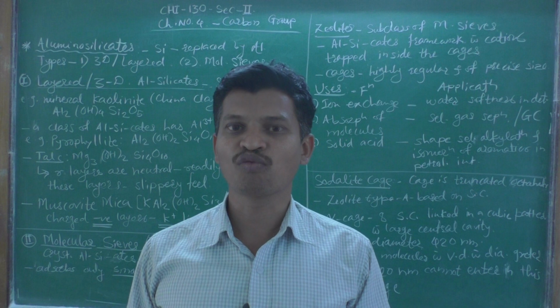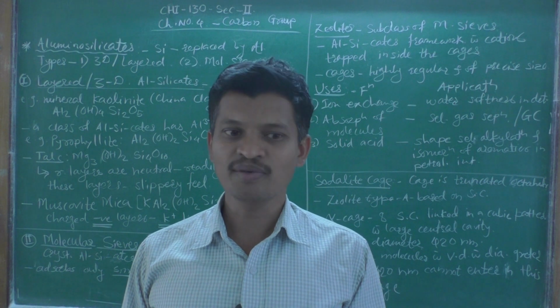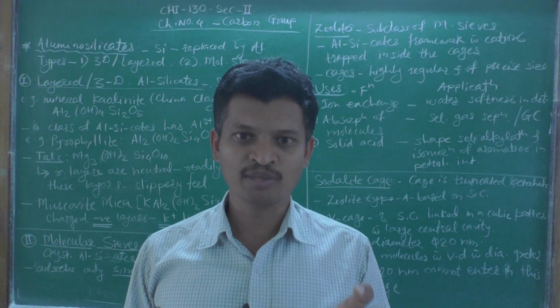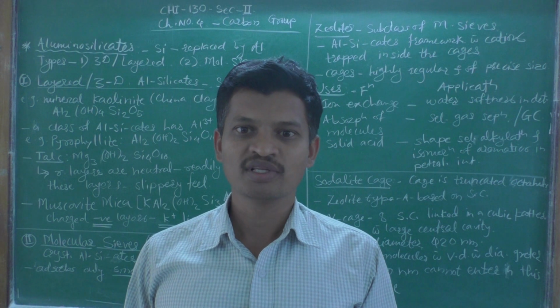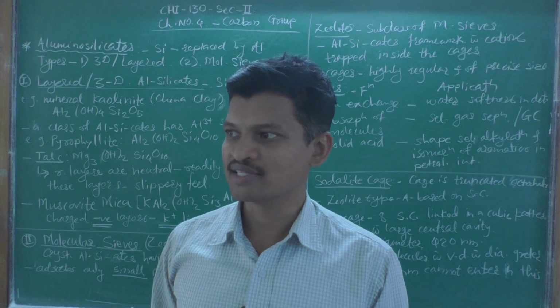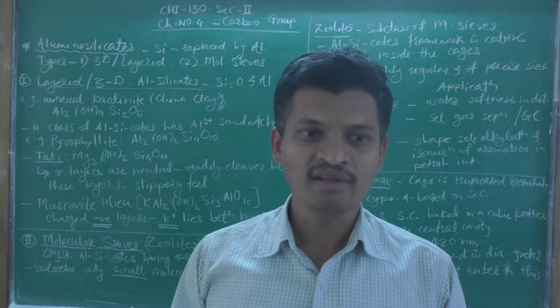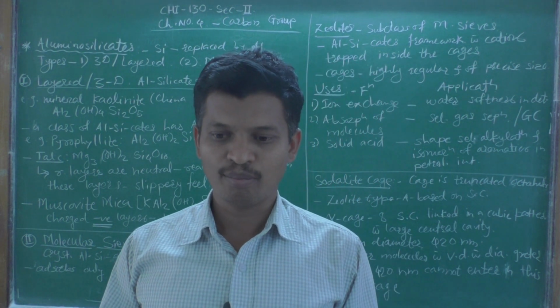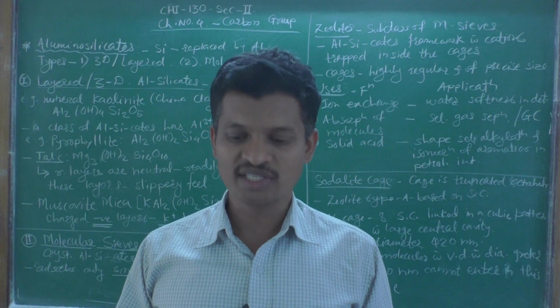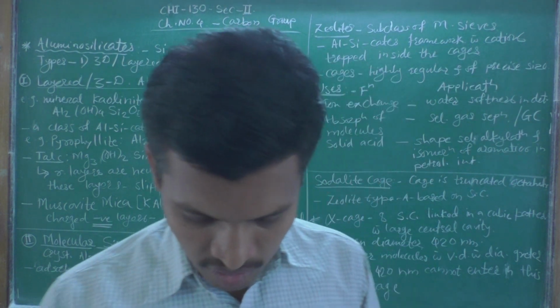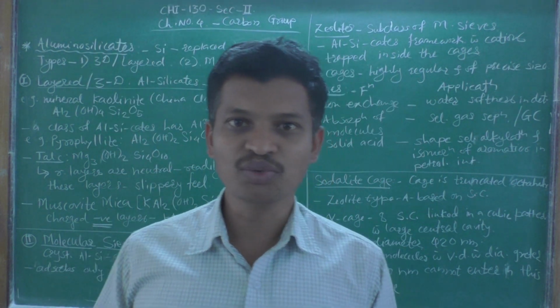So, SiO4 4 minus is the basic unit of silicates, and depending on the repetition and pattern of these units, we have classified silicates into different types.